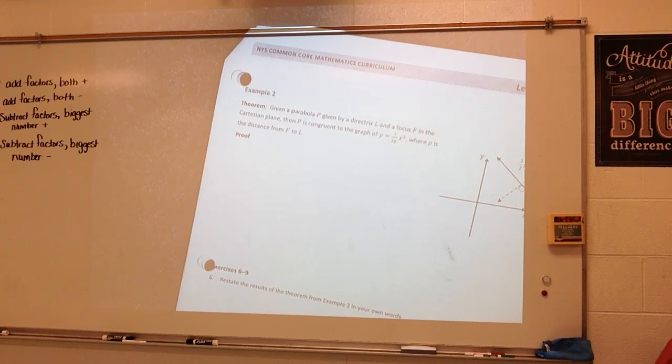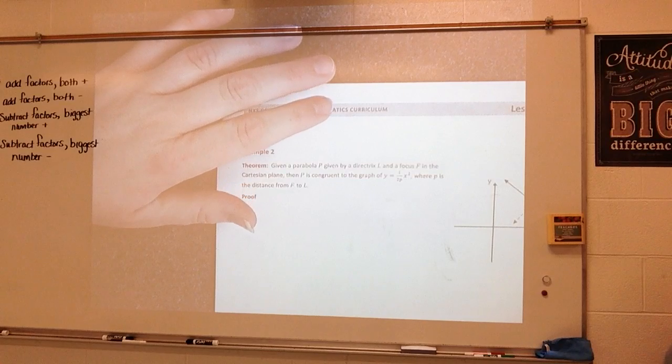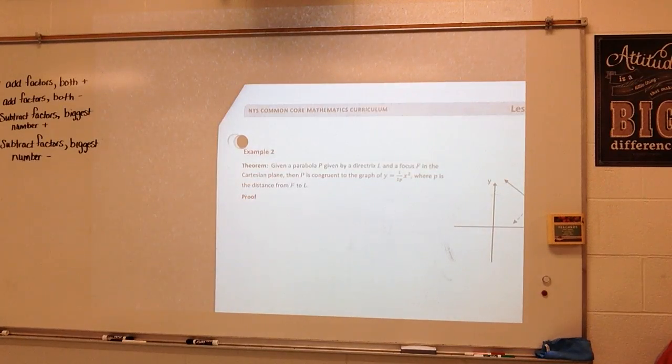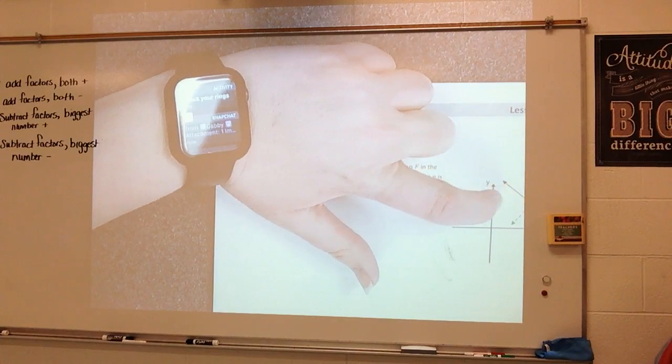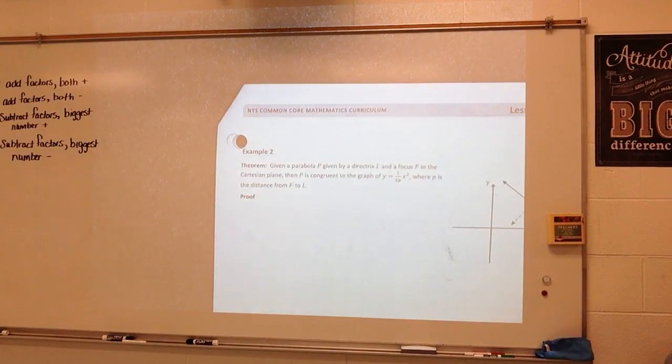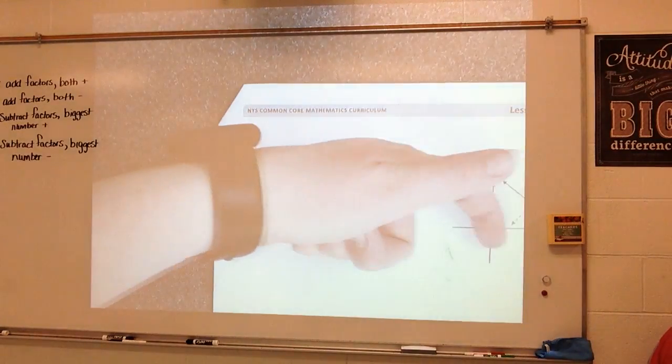So let's look at this. We're going to let A be the point on the perpendicular line to L that passes through F, which is the midpoint of the line segment between F and L. So this is our midpoint between F and L. Now translate A to the origin.